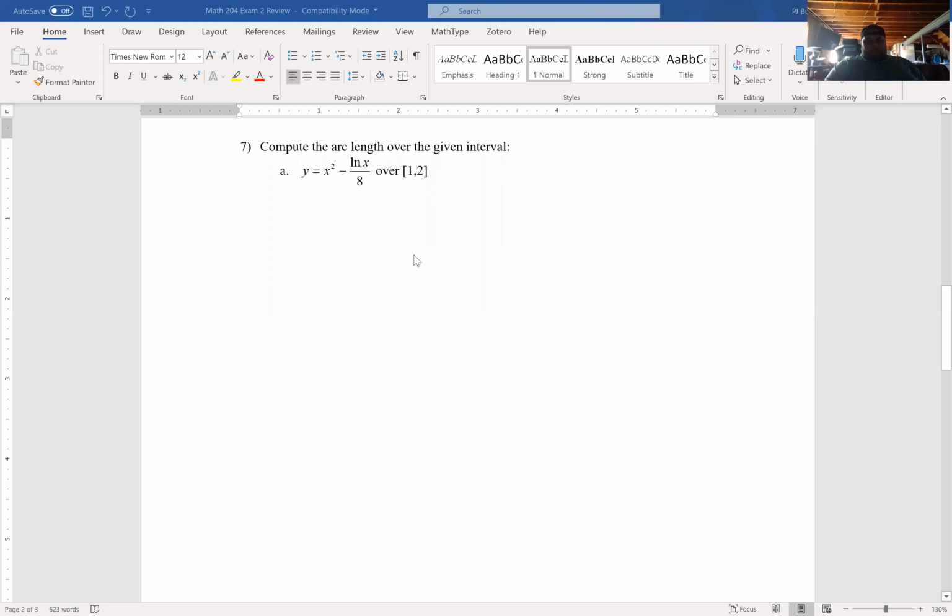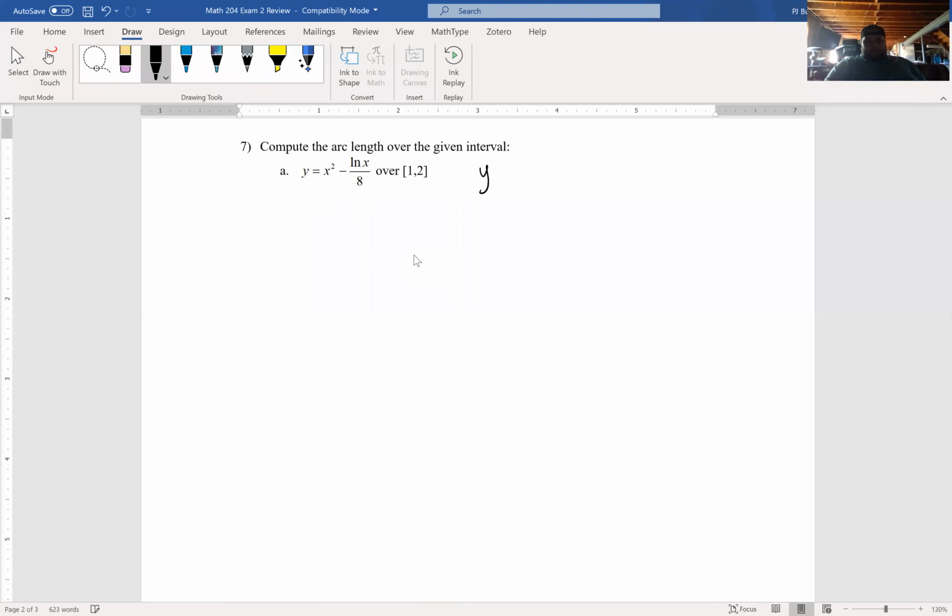So compute the arc length here. All right, so first we need y prime, right? Which would look like that. Do you agree?